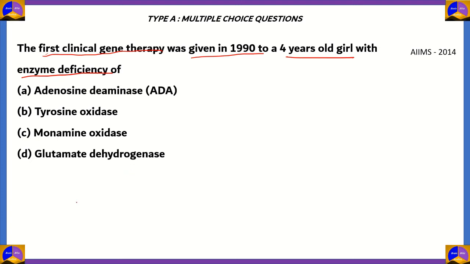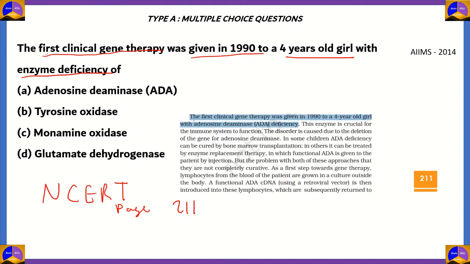If you have closely read the NCERT textbook, page number 211, then you would have seen that the first clinical gene therapy was given in 1990 to a 4-year-old girl with adenosine deaminase or ADA deficiency. So option A, ADA or adenosine deaminase, is the correct option.